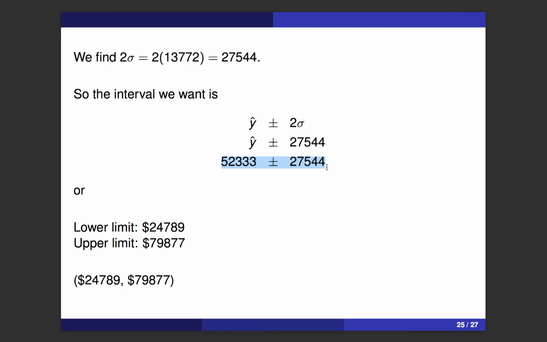So it's this range. If we subtract 27,544, we're going to get this, and if we add, we are going to get this. So that gives us an upper and lower limit for the range of values. With that, you should be able to do a couple of the homeworks in chapter 53.